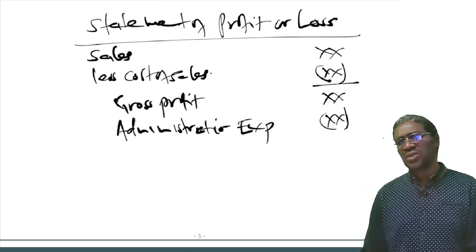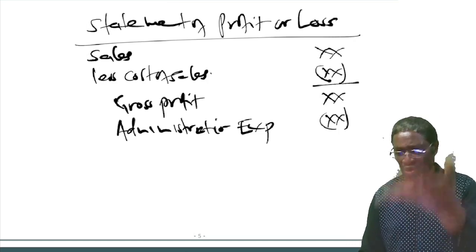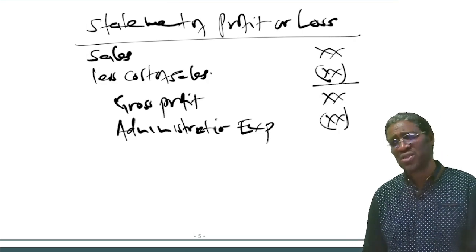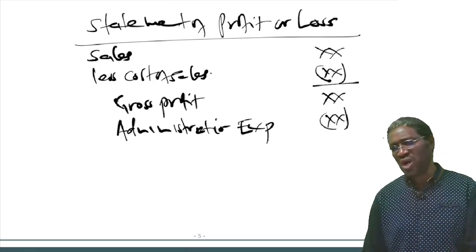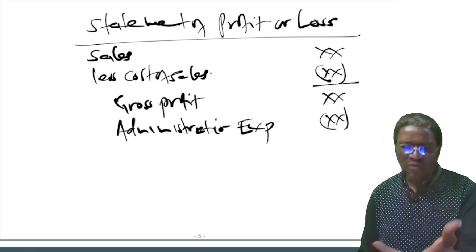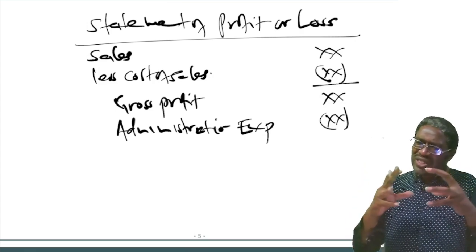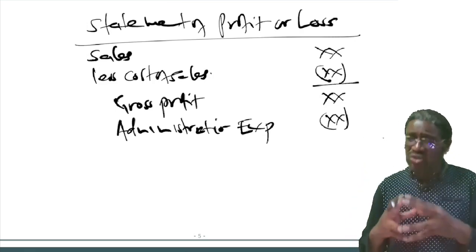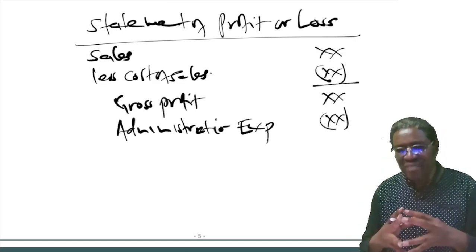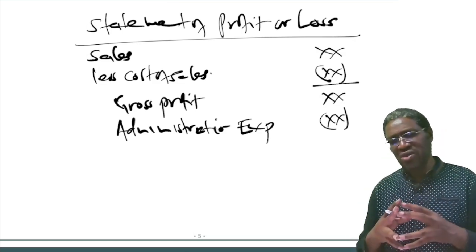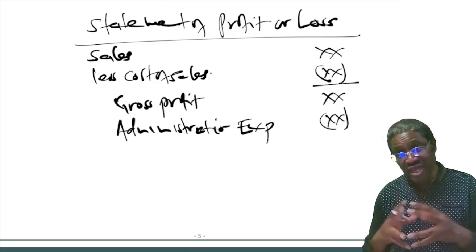Maybe it's electricity of the office. We use the office for administration purposes. Maybe it's salary for the office workers. Maybe it's depreciation of office machines and so on. All those expenses that are related to administration of your company, combine them together, bring them as a single amount on the face of the income statement.